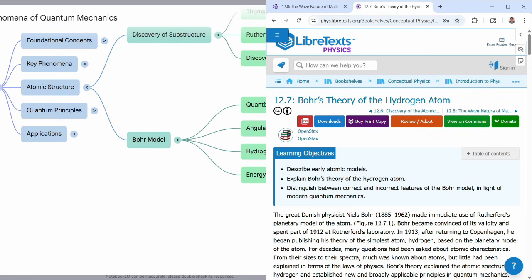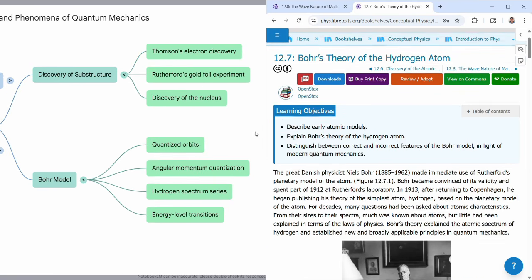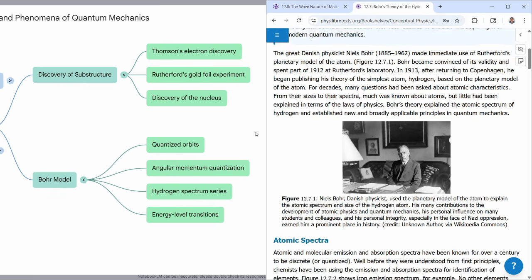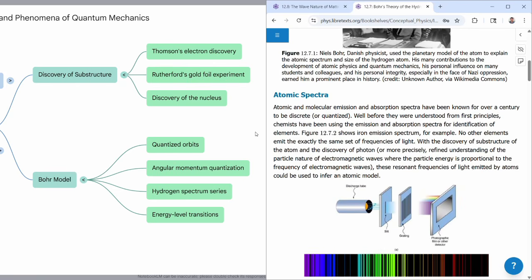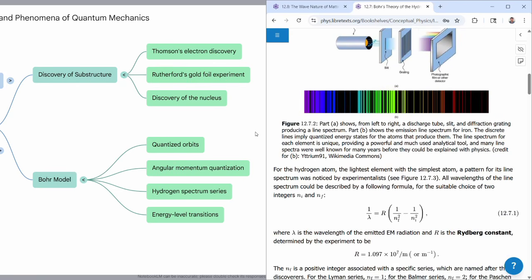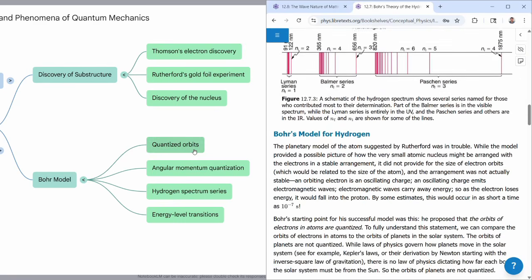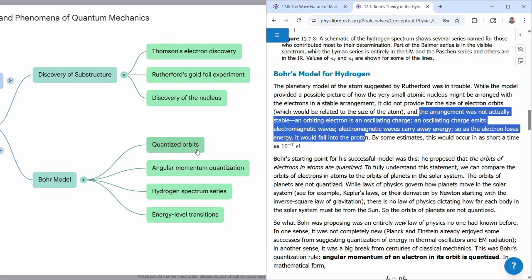So the main challenge here was that the Plum-Pudding model was out, and what was called the Saturnian model, which had the electrons orbiting around the nucleus, had this theoretical problem with the stability of that arrangement, because when an electron is in an orbit, it's undergoing centripetal acceleration, and an accelerating charge emits radiation, and that radiation being emitted means it's losing energy.